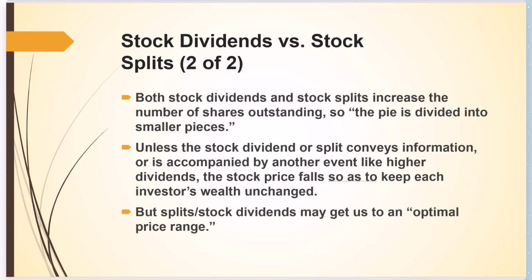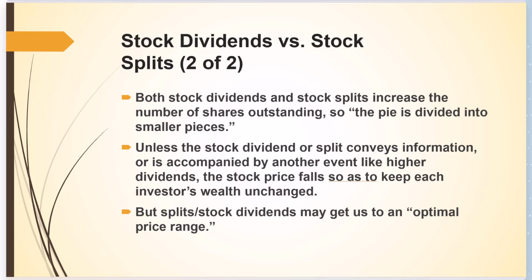Both stock dividends and splits increase the shares. The pie is just divided into smaller pieces. So unless the dividend or split conveys information or is accompanied by another event like higher dividends, the stock price falls so as to keep the investor's wealth unchanged.